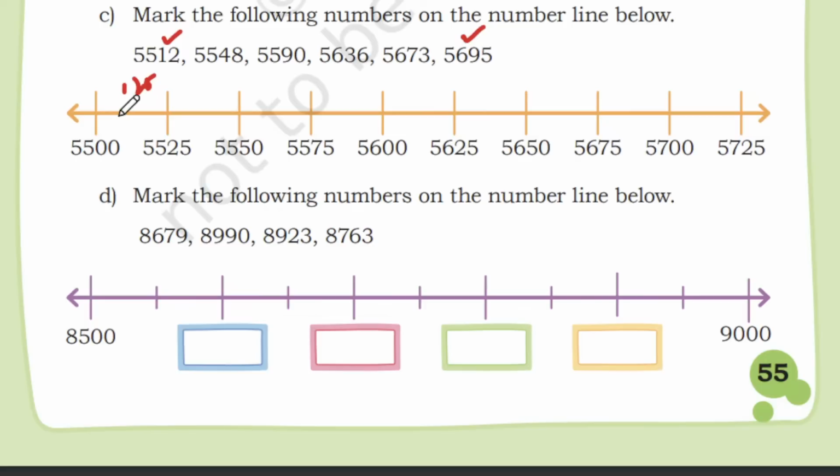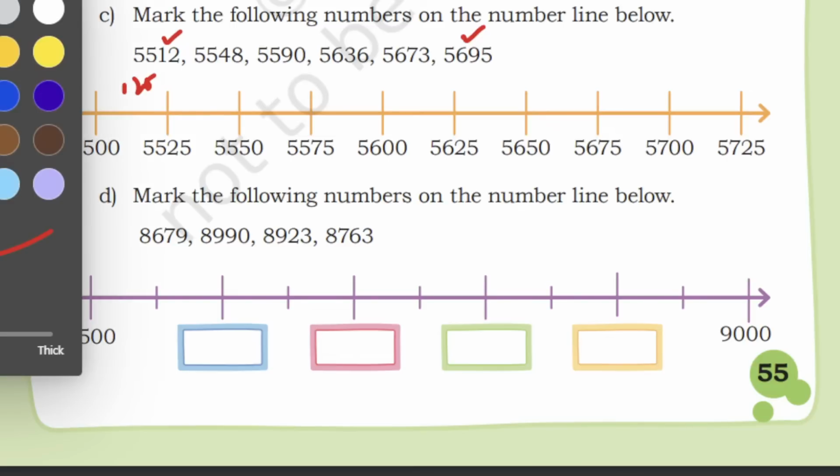Okay, so this will be 5,000. So 25, almost 24 number lines will be there in between. Okay, so you have to count 512, 500 and this is 500, 512. So 1, 2, 3, 4. You have to put small lines in between.